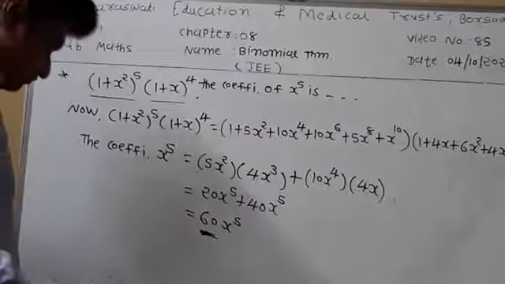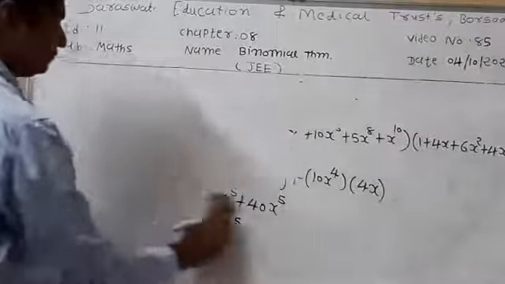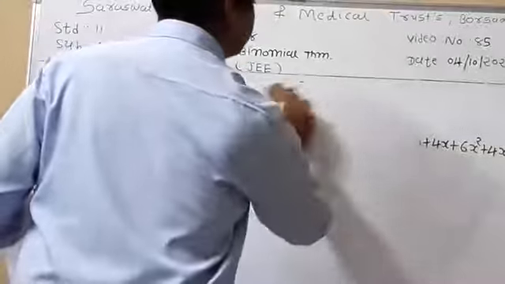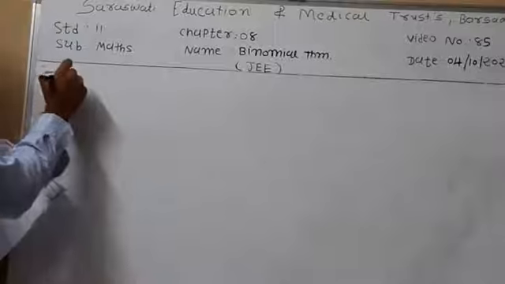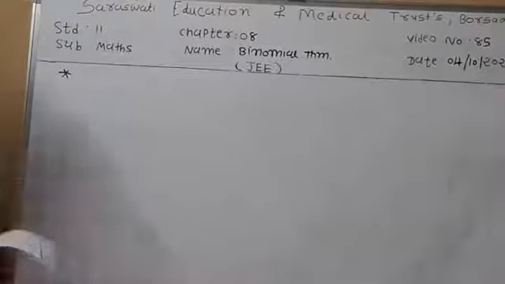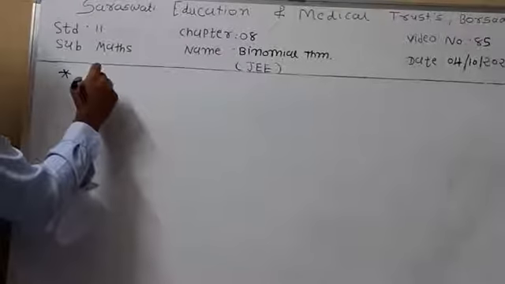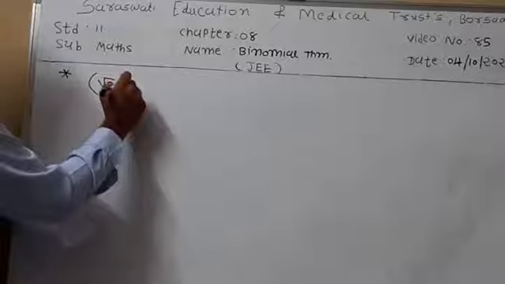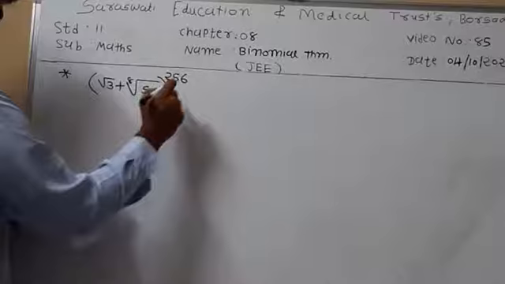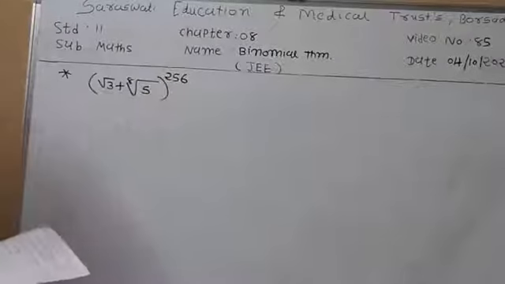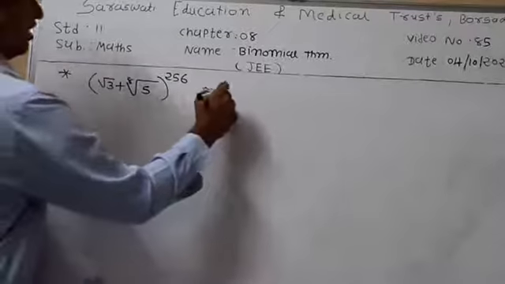Now next question. The number of terms in the expansion of (root 3 plus root of 5 raised to 8) raised to 256, which are integers. The number of terms, that means here we need to find the value of n.